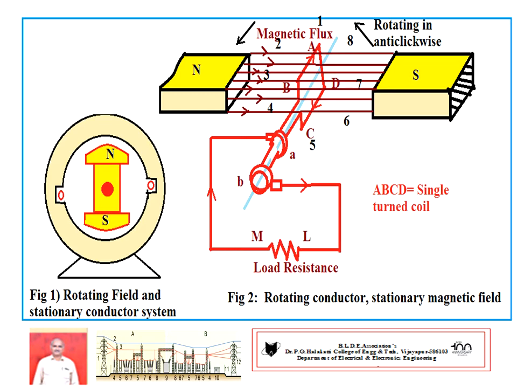Getting the idea? In both cases, rate of change of flux linkage is available, hence EMF can be generated. Both fundamental principles are used in generation of AC voltage.